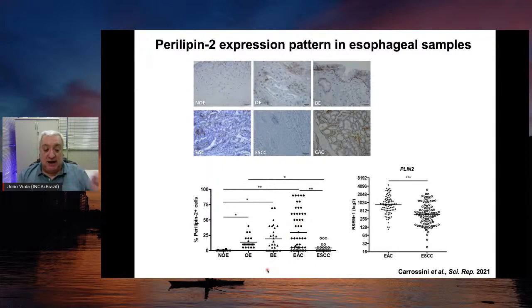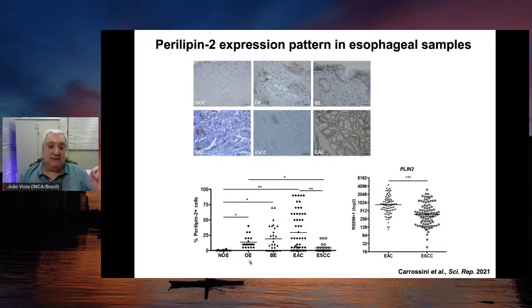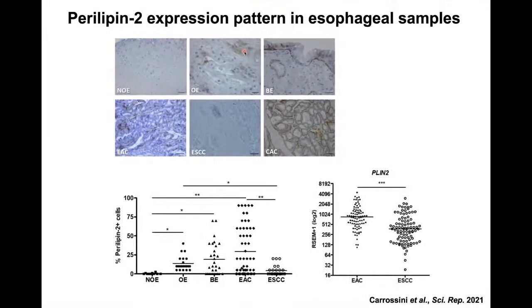We start to see more lipid droplets in obese esophageal patients not related with cancer, which you see here. Basically, this labeling shows us more inflammatory cells in this sample.